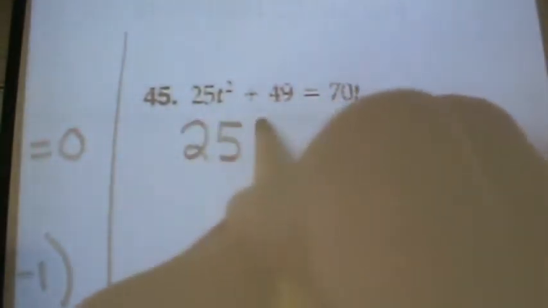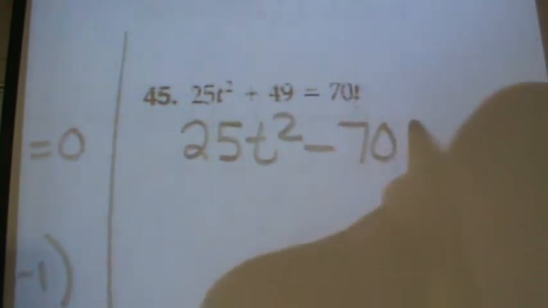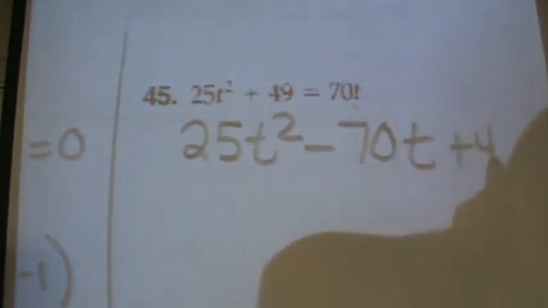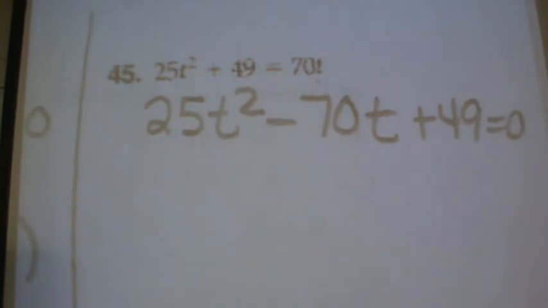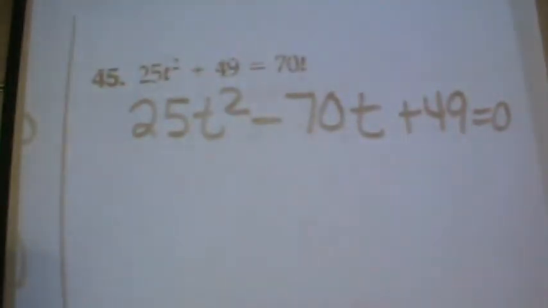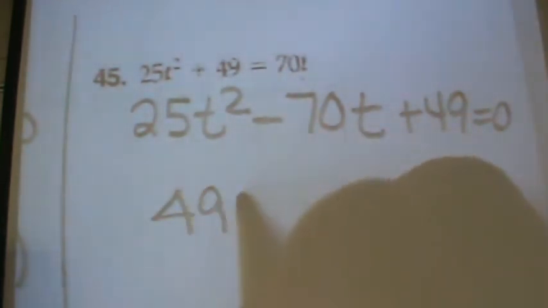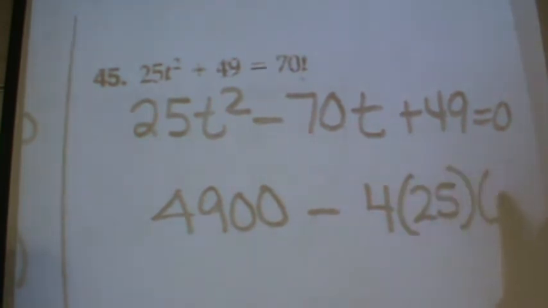In 45, 25t squared, this is your b value, but it has to be brought over. Okay, so this is going to be a big number. The b value is -70, so that squared is 4900 minus 4 times a is 25 times 49.